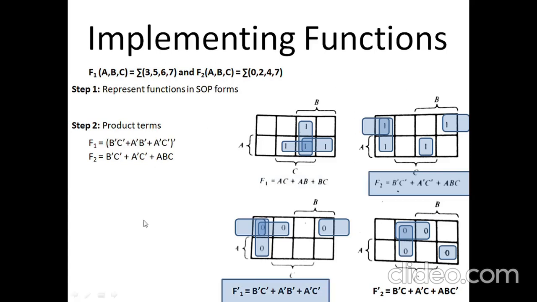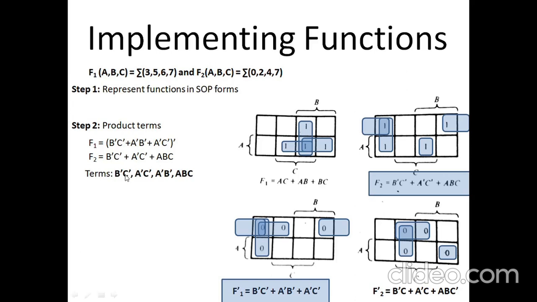If we combine F2 in the normal form and F1 in the complemented form, then we get this. F1 is in the complemented form, so we get the product terms here, and F2 in the normal form, then we get the product terms here. When we remove the redundant product terms, we get the set of product terms here.